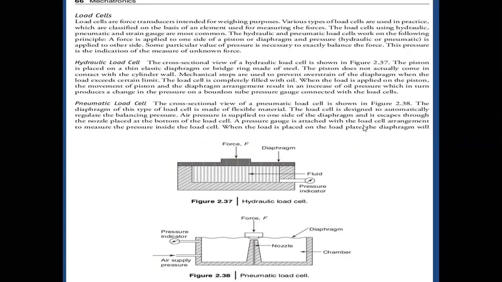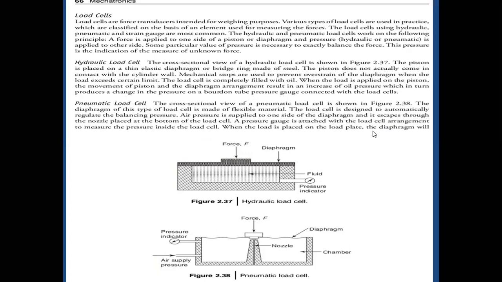The cross sectional view of the pneumatic load cell is shown in the figure. The diaphragm of this type of load cell is made of flexible material. The load cell is designed to automatically regulate the balancing of force and pressure. Air pressure is applied to one side of the diaphragm, and it escapes through the nozzle placed at the bottom of the load cell. A pressure gauge is attached to the load cell arrangement to measure the pressure inside the load cell.